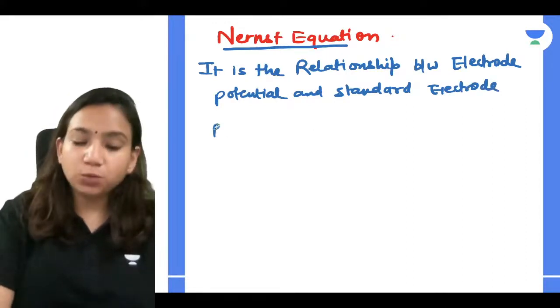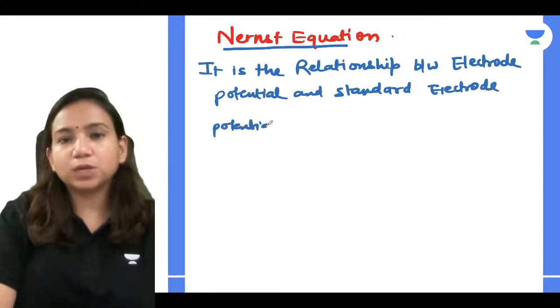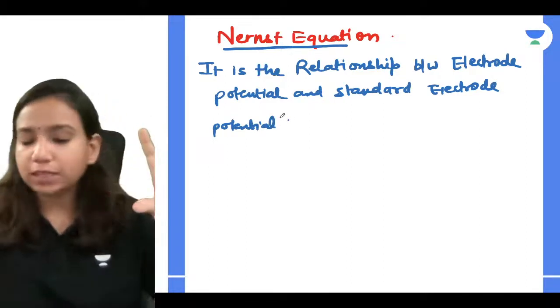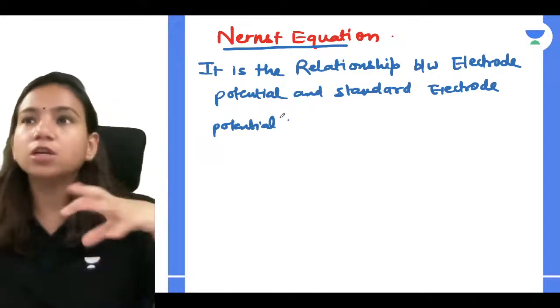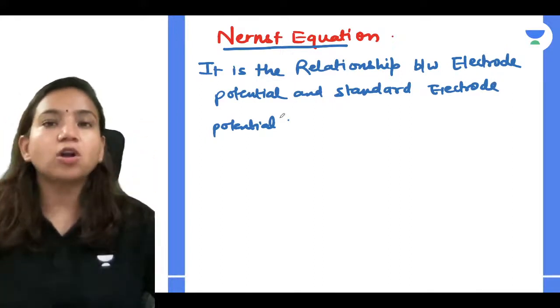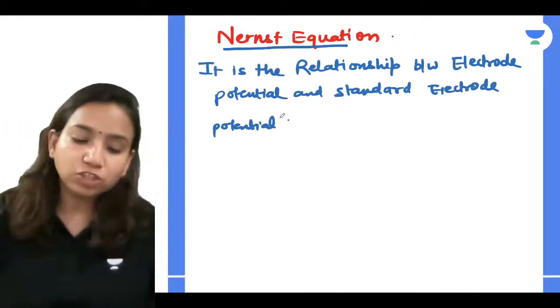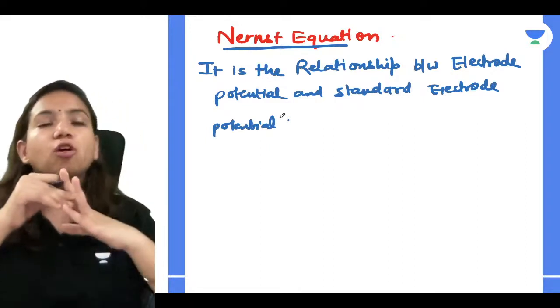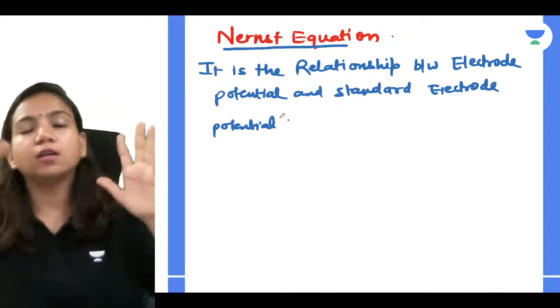You must be knowing what electrode potential is, let me just quickly tell. Electrode potential is the tendency of an electrode to either lose or gain electrons. If an electrode loses an electron, we call it oxidation potential. If an electrode gains an electron, we call it reduction potential.